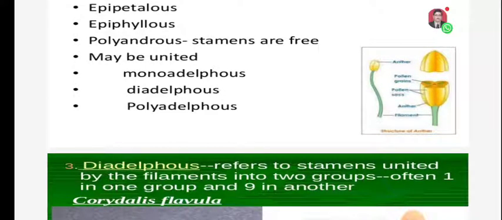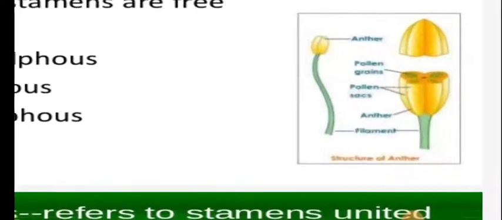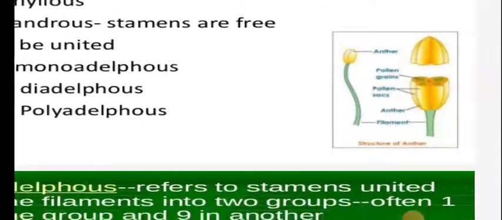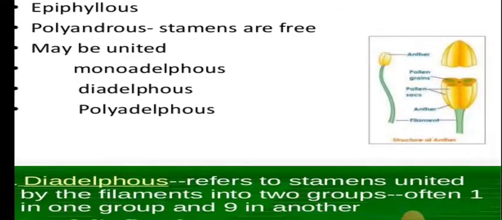Monadelphous, a good example is hibiscus. Here, on one stalk, a staminal tube is there. Diadelphous, 2 plus 2: two are shorter, two are longer, like this one. Then polyadelphous, 9 plus 1.